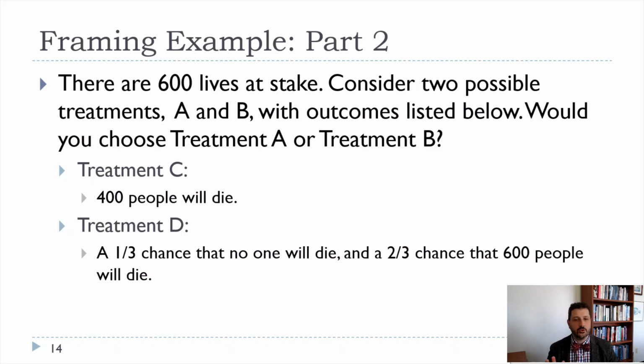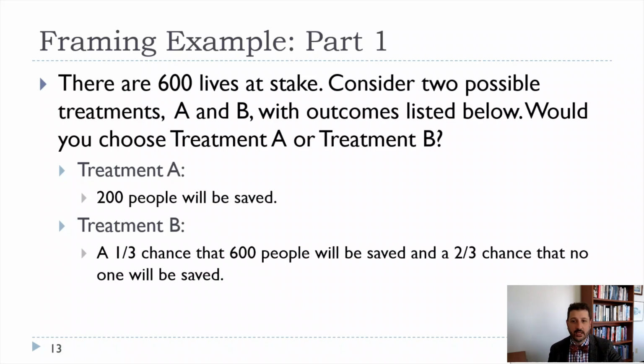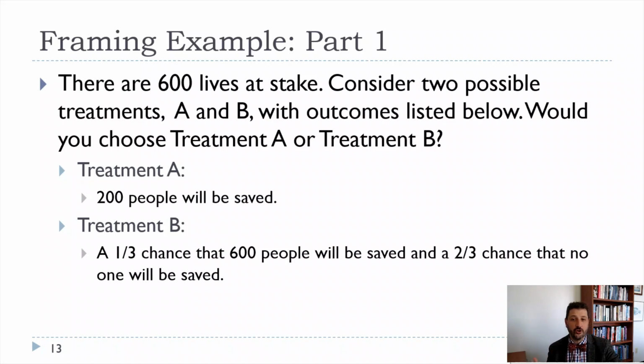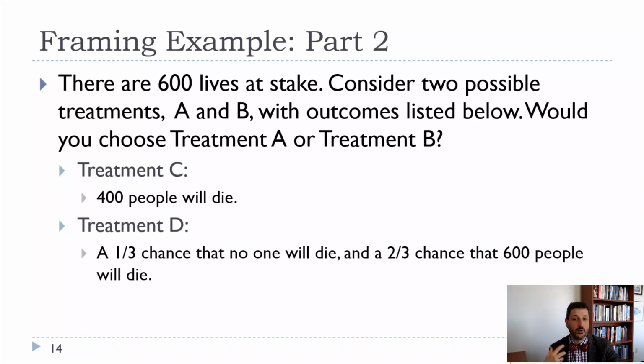Now you can see that in A and B, treatment A was 200 people will be saved, and treatment C was 400 people will die. Well, that's the same thing, because there's only 600 people. For treatment B, a third chance that 600 people will be saved and a 2/3 chance that no one will be saved, versus treatment D, where we have a third chance that no one will die and a 2/3 chance that 600 people will die. Again, that's the same thing.